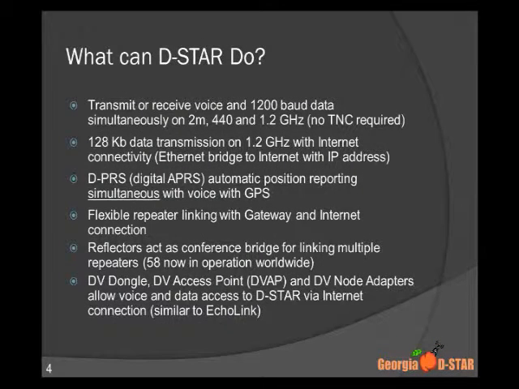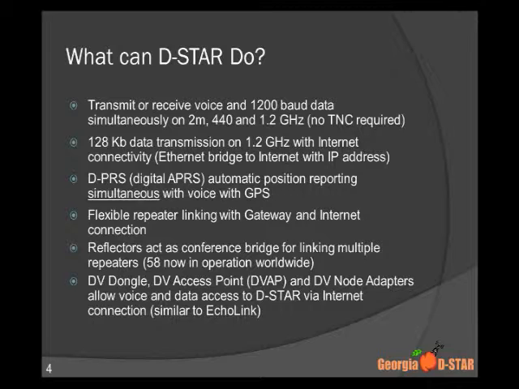All right, what can D-Star do? Transmit or receive voice and 1200 baud data simultaneously in the 2 meter, 440, and 1.2 gigahertz bands. Now that's going to be important to show that no TNC is required because you have a direct serial port into the ICOM radios.